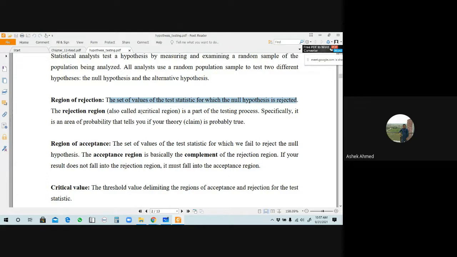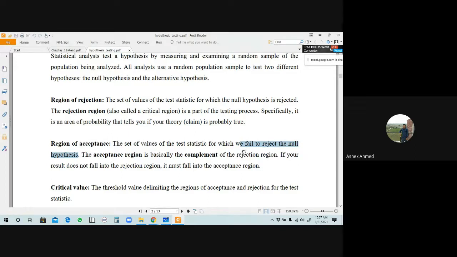Sometimes we also call it the critical region. The region of acceptance is the set of values of the test statistic for which we fail to reject the null hypothesis.